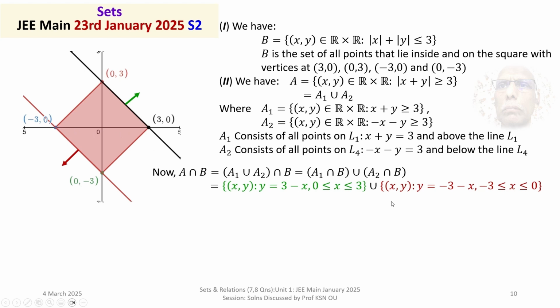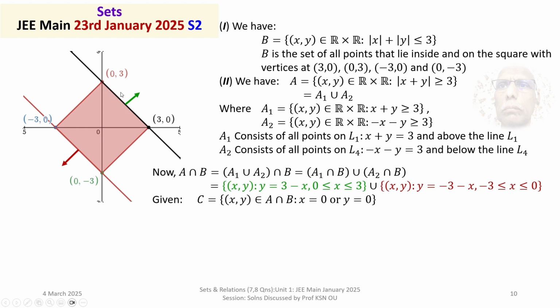So, now given C is the set of all those ordered pairs x comma y belonging to A intersection B, such that x is equal to 0 or y is equal to 0. So, on this line segment, you have to consider those ordered pairs for which either x is 0 or y is 0. What are those ordered pairs?